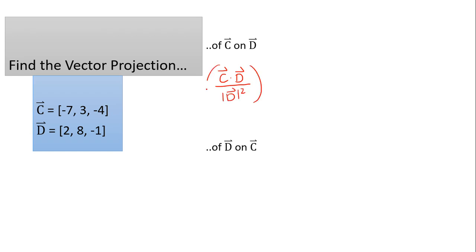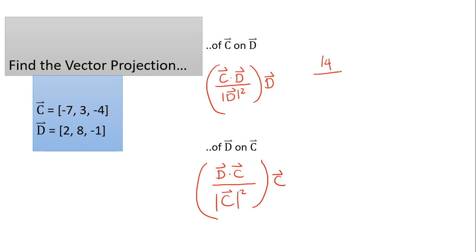And we're going to multiply that by vector D. And down here, and multiply that by vector C. So we knew that the dot product was 14. So both of these are going to have 14 as a numerator.